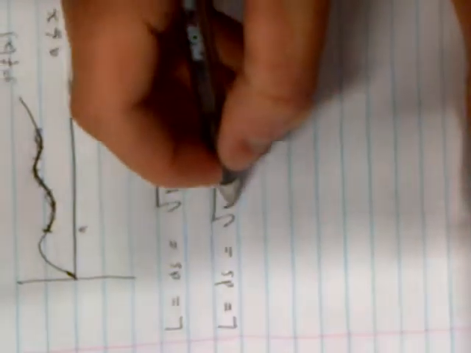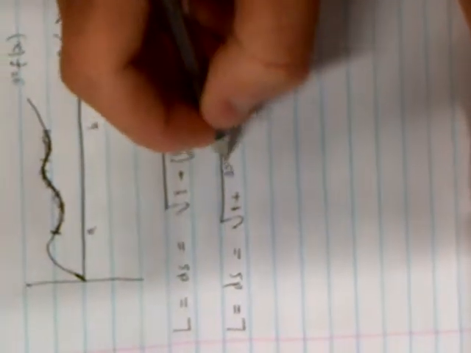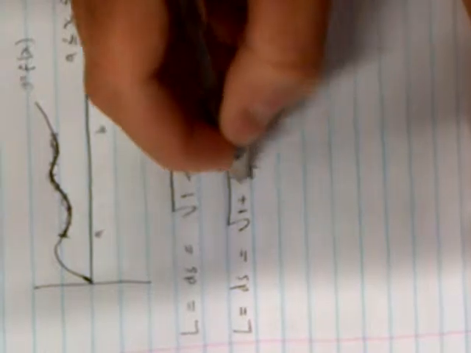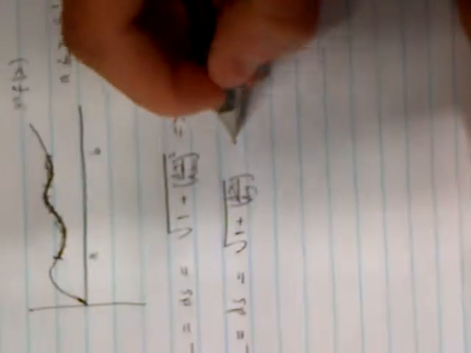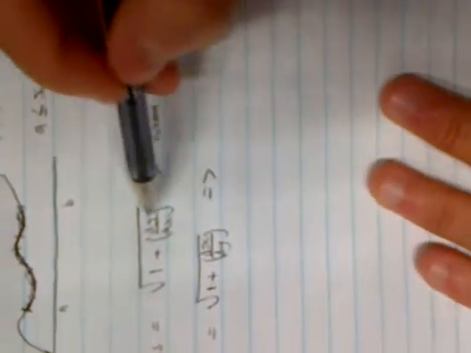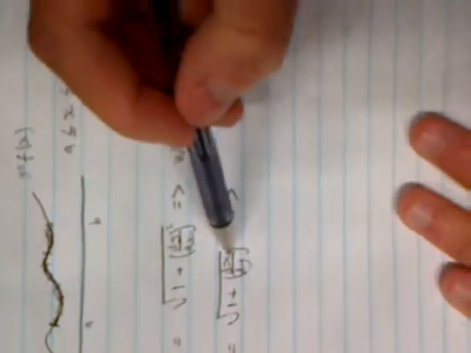So it's similar to the first one: square root of 1 plus dx over dy. As the first one is dy over dx, now we're dealing with it in terms of y, so it's dx over dy, where x equals h of y, and we are between point C and D.